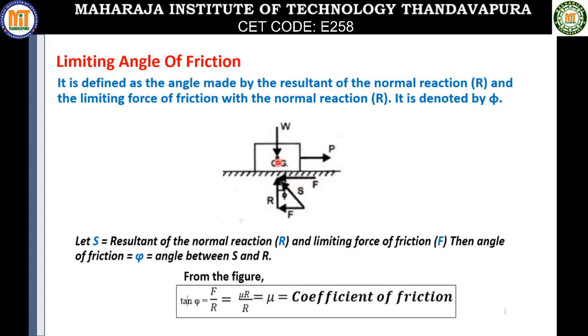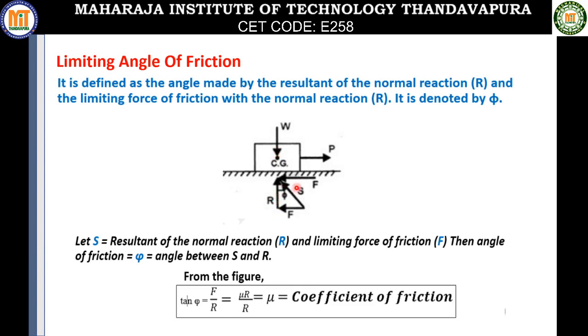So obviously when W is the weight or the normal load which is acting from the center of gravity towards the Earth's center, obviously there will be a reaction, equal and opposite reaction to the weight due to Newton's third law, right?